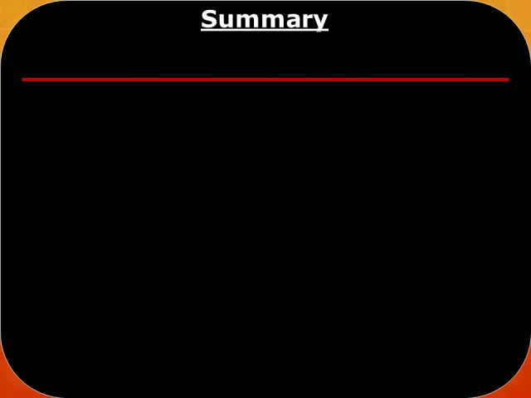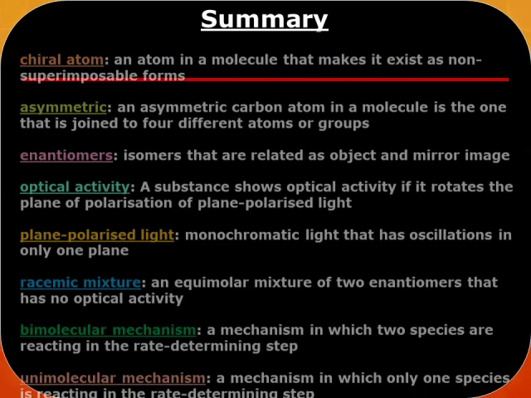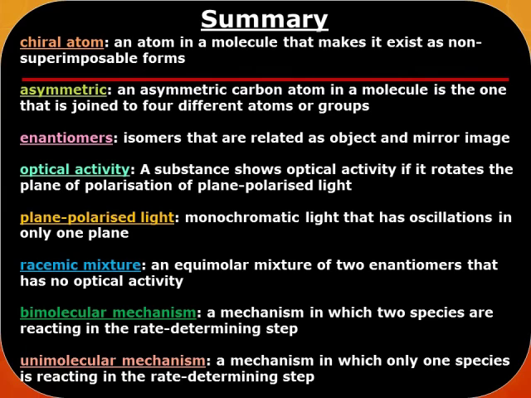Here is the summary of the topics we have learned in this lesson. First, a chiral atom: an atom in a molecule that makes it exist as non-superimposable forms. An asymmetric carbon atom in a molecule is one that is joined to 4 different atoms or groups. Enantiomers: isomers that are related as object and mirror image.